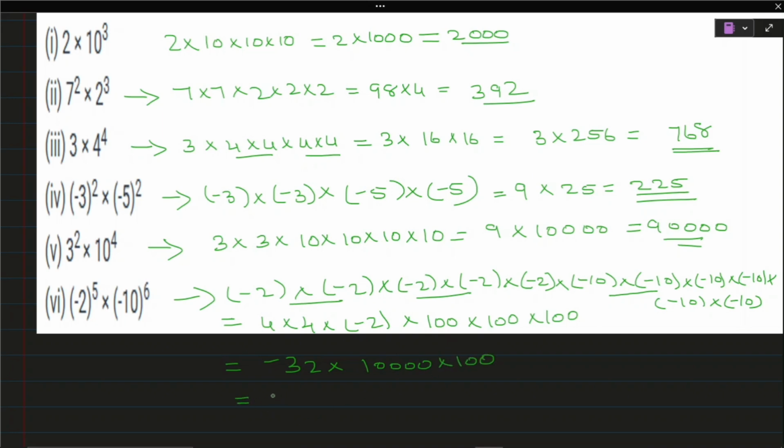So this becomes minus 32 with 6 zeros in the answer. That is the final answer.